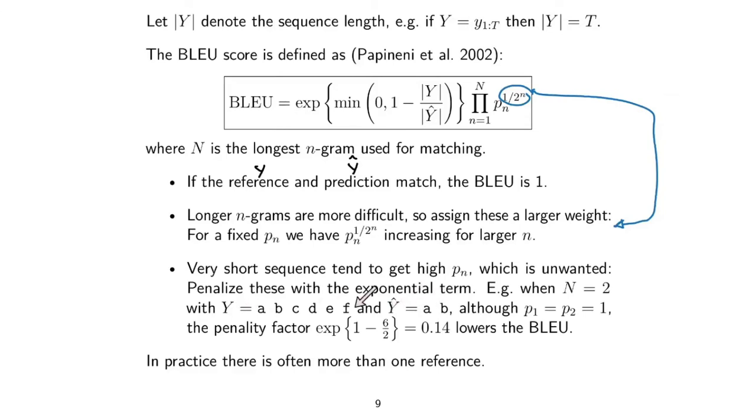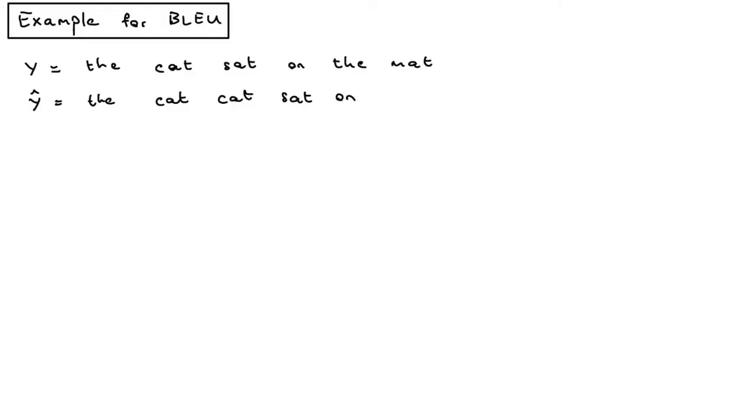This output is way shorter than this one. But now you have this penalty in front, this little penalty, let me make it in red, this penalty term here in front, and that then means that you weigh BLEU with the 0.14 because the test and the length are so different. Okay, let's just do an example because none of that made sense, right?